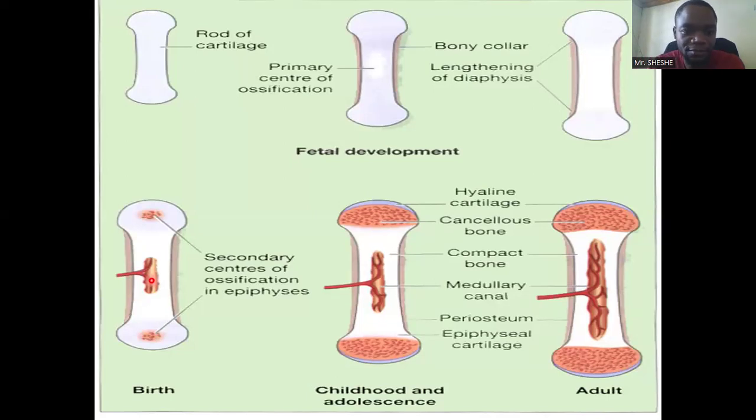The first point of a cartilage that will be converted from cartilage to bone is what we call the primary ossification center. It is the same site where the new type of cells have been deposited. Those cells we are calling osteoblasts.